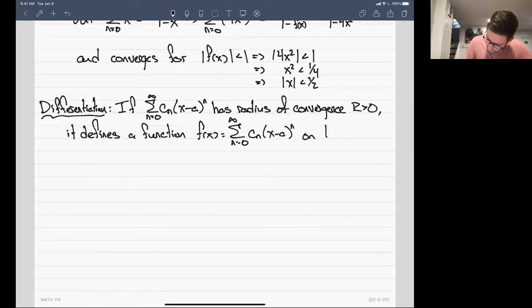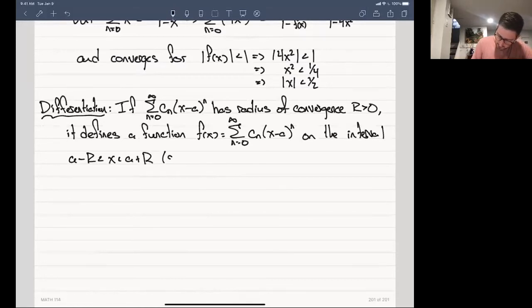On the interval a minus r is less than x, which is less than a plus r. This is the same as the absolute value of x minus a is less than r. I just opened it up for you. It's nice to see things a few different ways so that when we encounter them later, we're familiar with it.